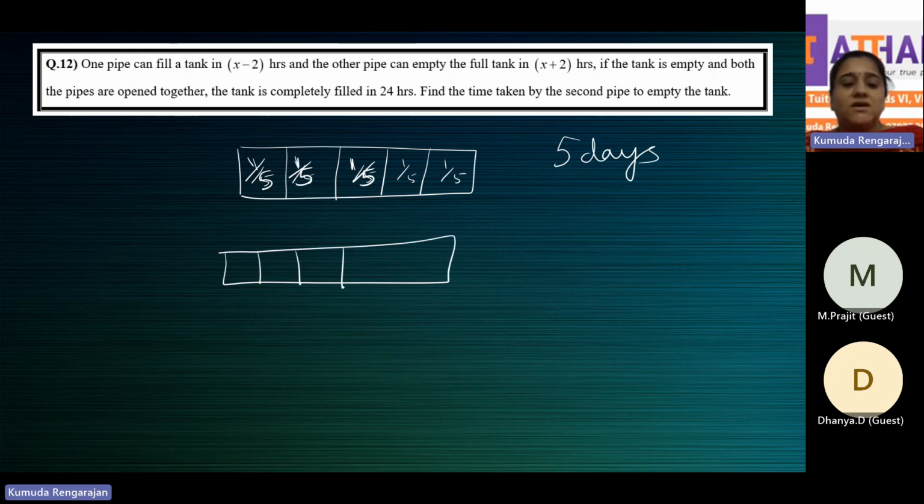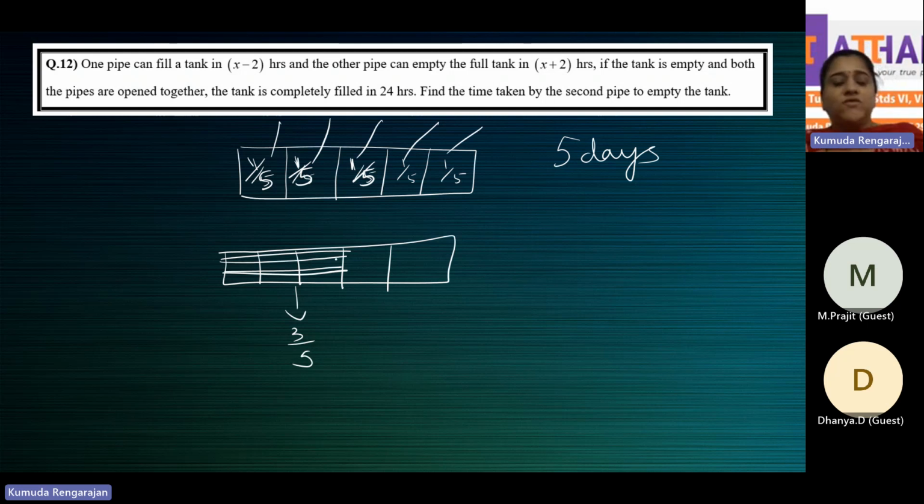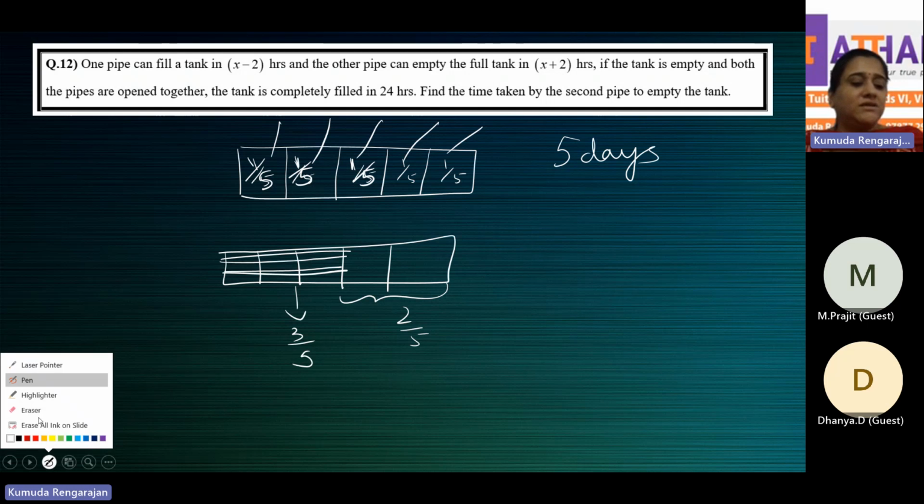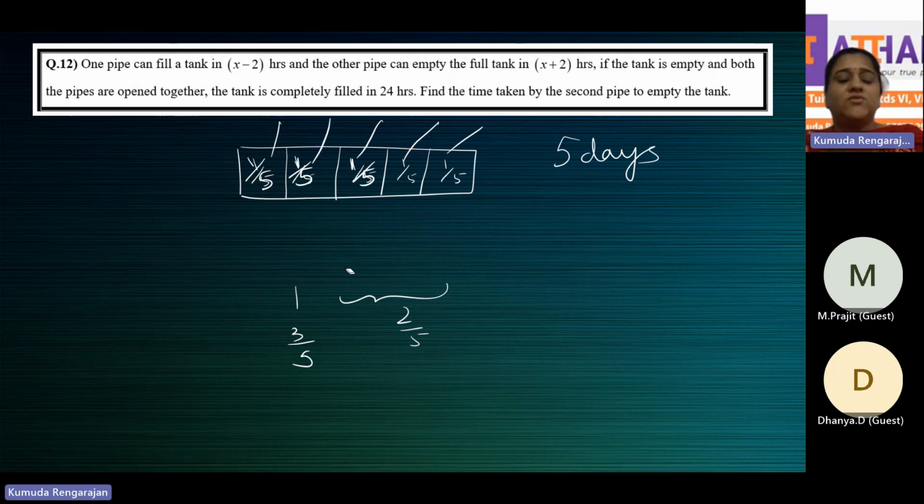When you shade, like in 4th standard, then you say this is 3/5 and this one is 2/5. No, we are not shading here. Each one is 1/5.